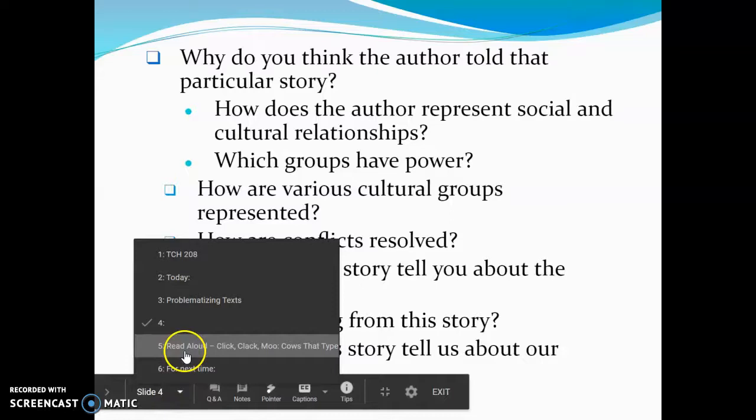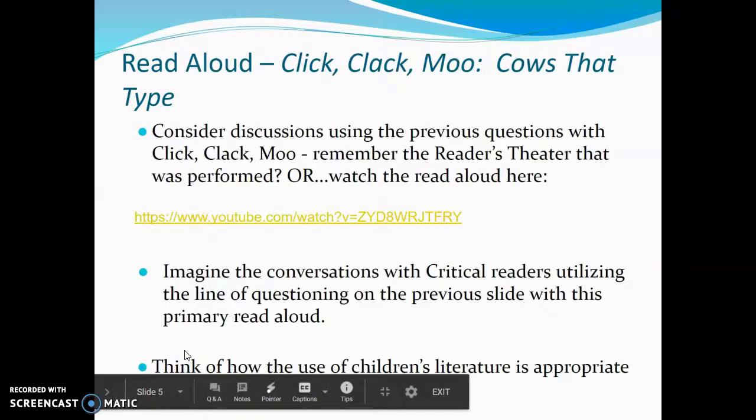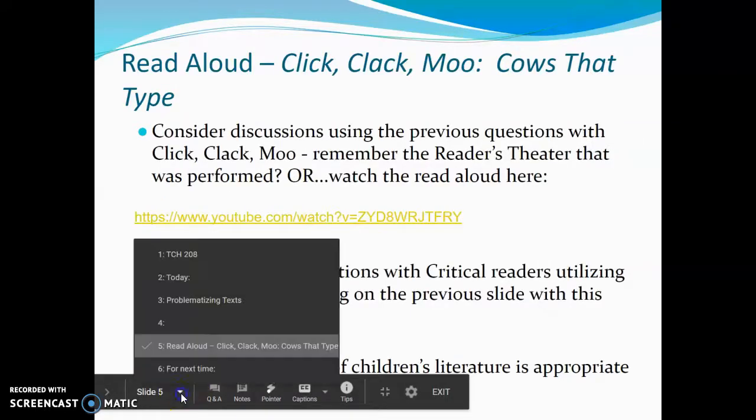So that's how we problematize text, just with a very simple picture book, and how it's appropriate in upper level elementary.